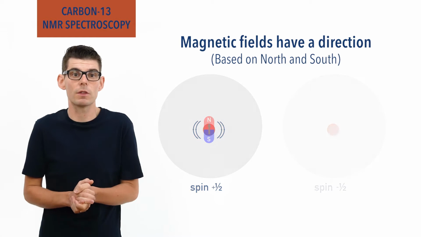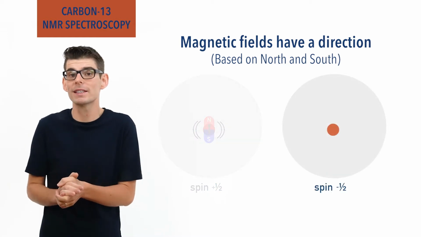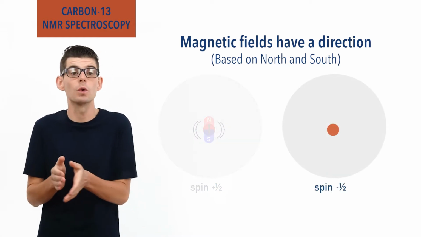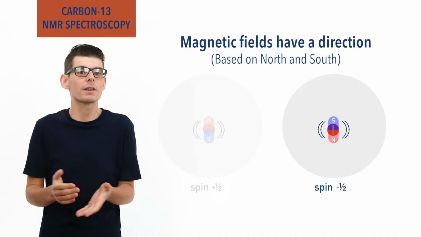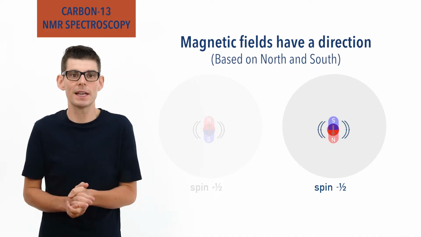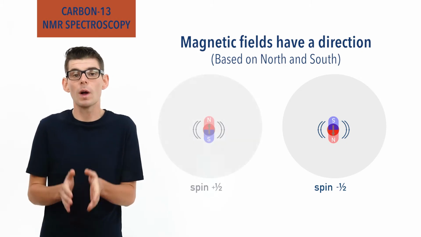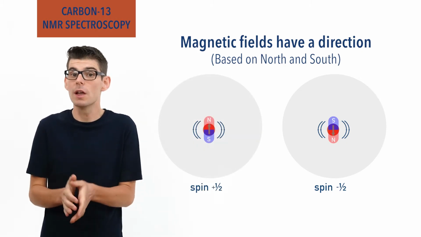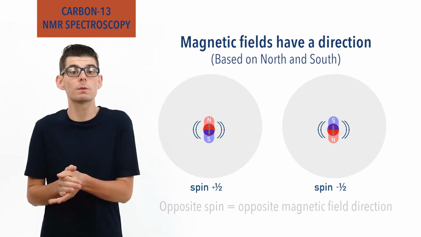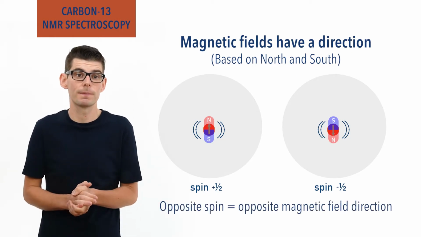Change the direction of the spin and the direction of the magnetic field around the nucleus also changes, a bit like flipping a bar magnet upside down. This means a nucleus with a spin of positive half will have a magnetic field direction that's opposite to a nucleus with a spin of negative half.